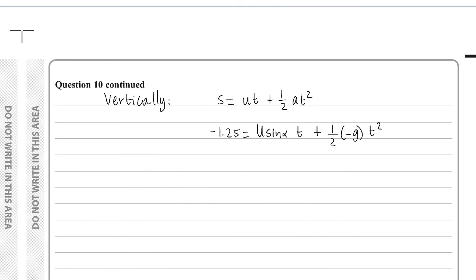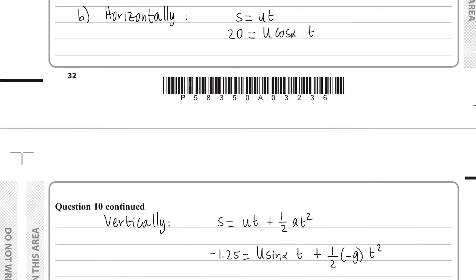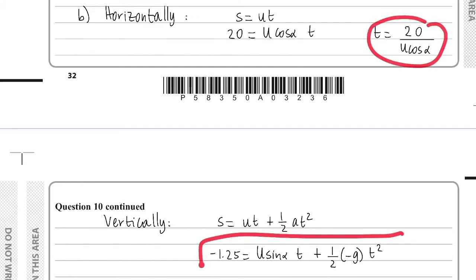We also have the result from the horizontal motion, so we need to find a way of substituting for t. From the previous equation, t is 20 over u cos alpha. I will substitute this into the vertical motion.